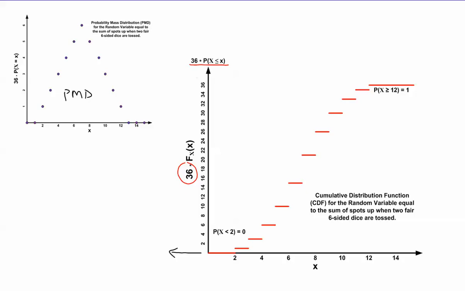It's 0% likely that my random variable is less than 2. There's a probability of being exactly 2, but there's no probability of it being less than 2. It's 100% likely that my random variable in this case will be less than or equal to 12. So as I move towards plus infinity, my cumulative distribution function approaches 1.